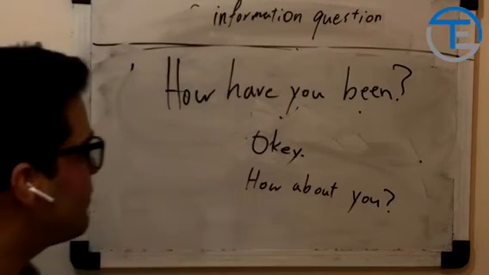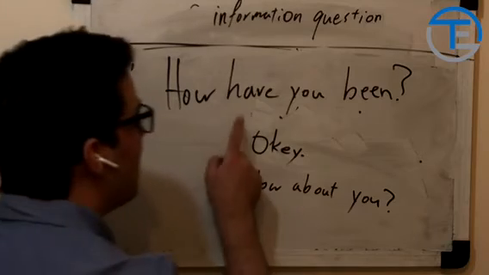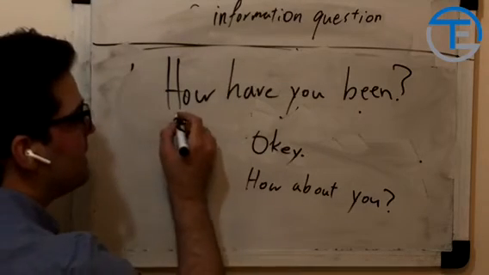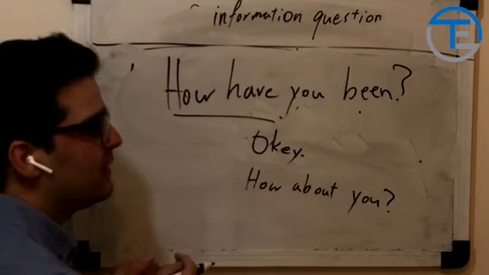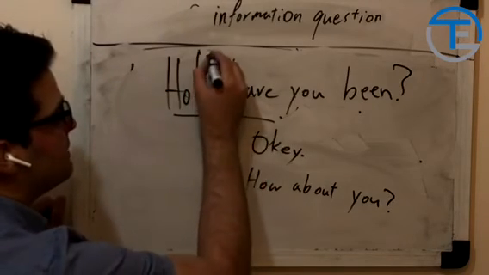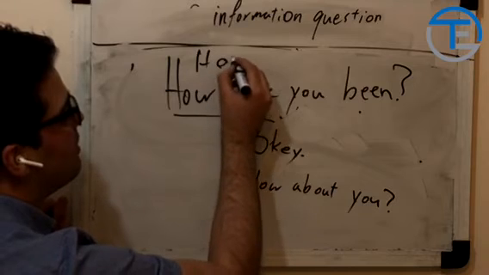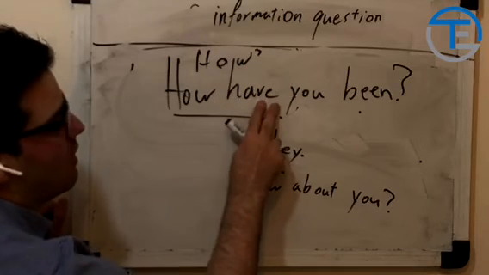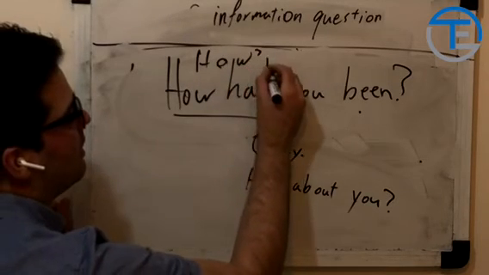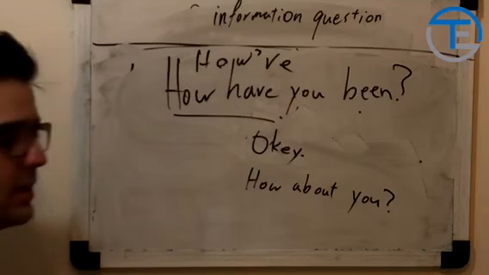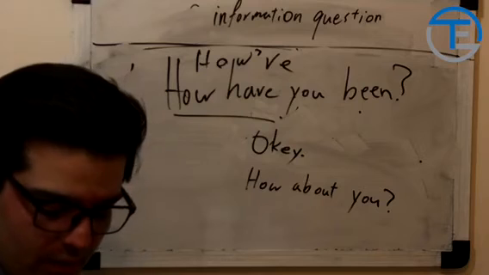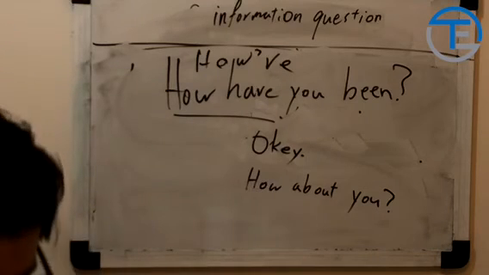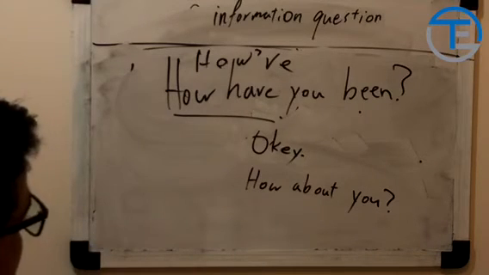Hey everyone, I forgot that you can use contraction between how and have. So you can say how have you been? Have you been? Or the other contraction, for example, let me show you.